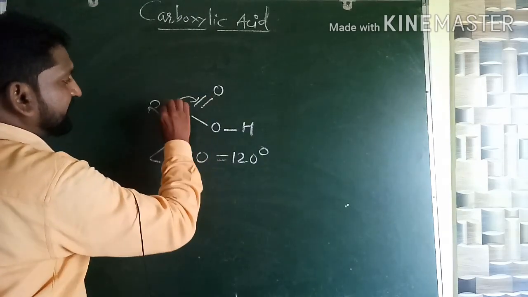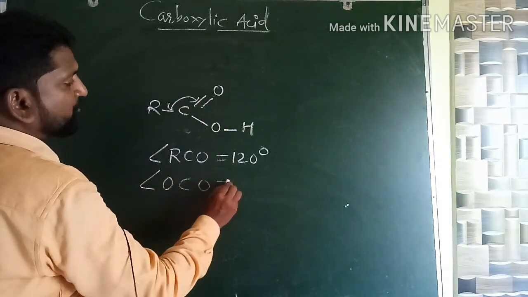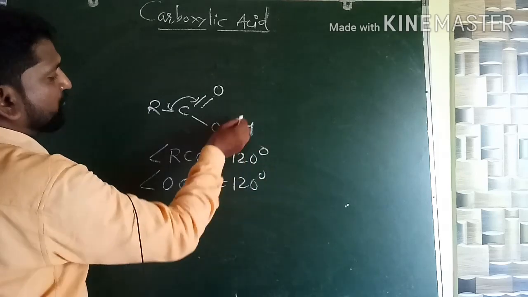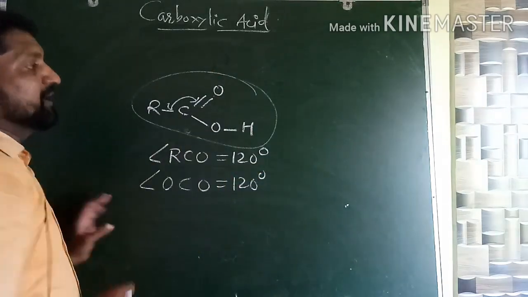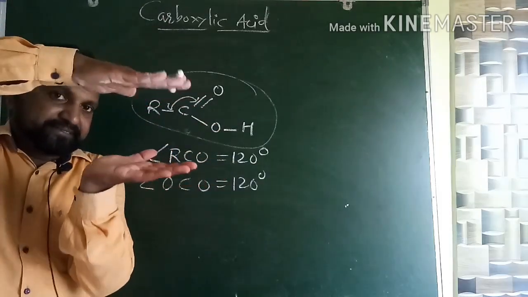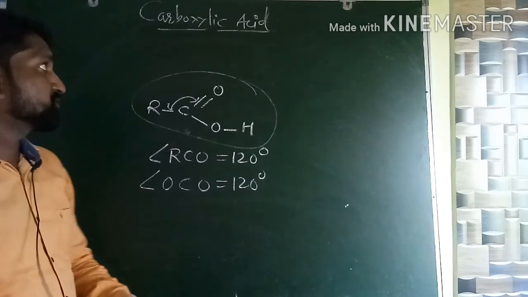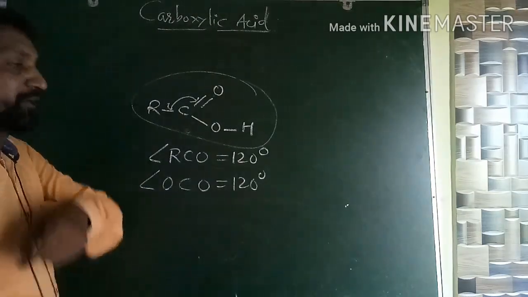Then the bond between O, C, O is again 120 degrees. Therefore this molecule is entirely planar, I mean to say it lies in the plane. So this is the explanation of the structure of the carboxylic group. Got it?